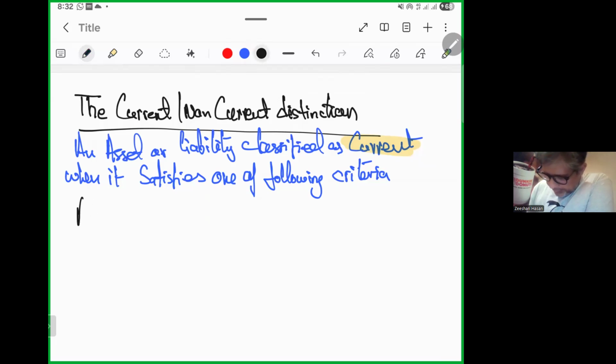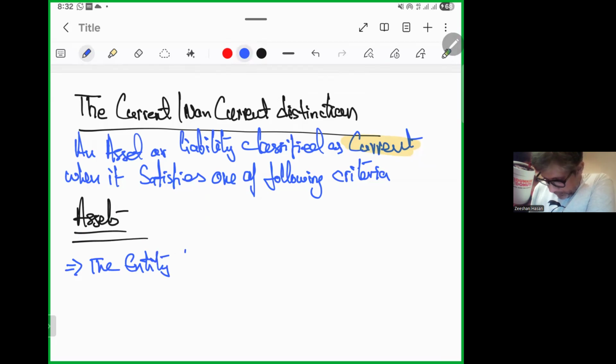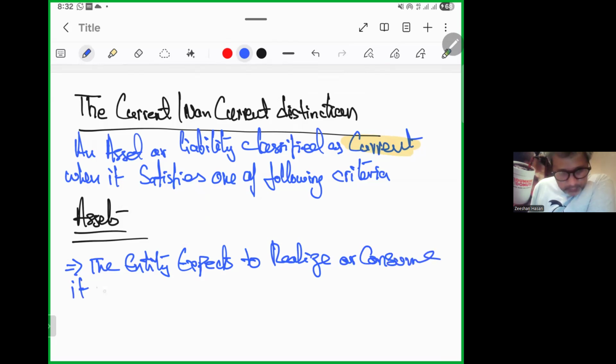Now, let us discuss the assets first. The entity expects to realize or consume it in the normal operating cycle.